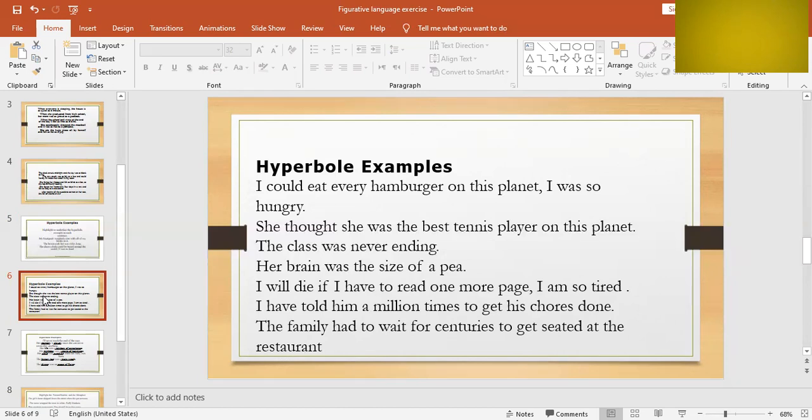So, but here for centuries, it's a matter of exaggeration. So imagine how long they have to wait. I imagine how crowded the restaurant was. People have to wait for a long time. People have to get hungry.